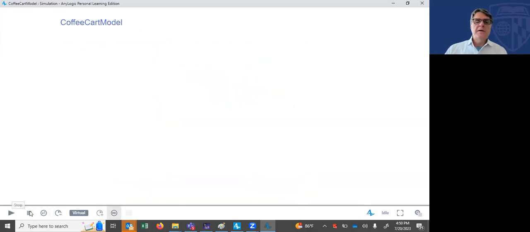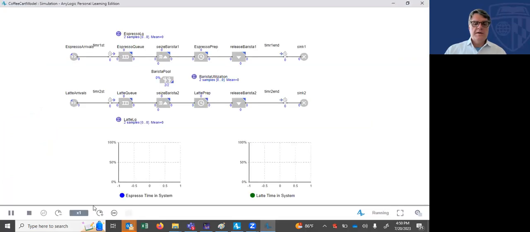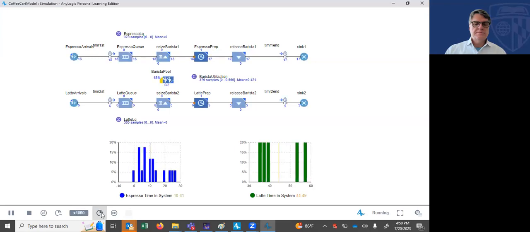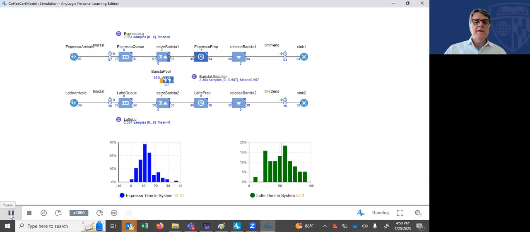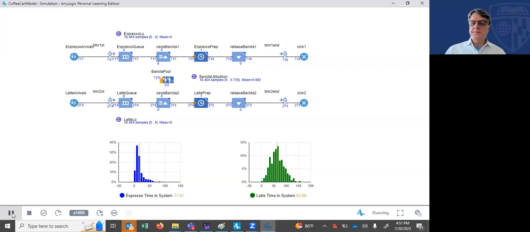Let me stop it now. Oh, that wasn't a good move. Let's try that again. Just run that fast. Pause it. You can see how stable these estimates are, and they seem to be relatively stable already, but I'm going to run it out a few thousand customers just to be sure.